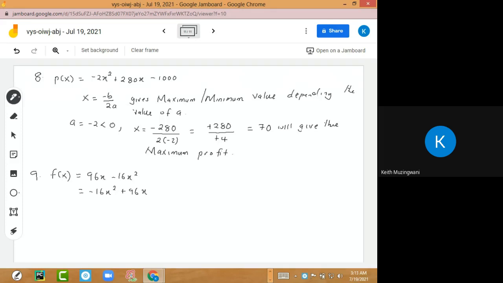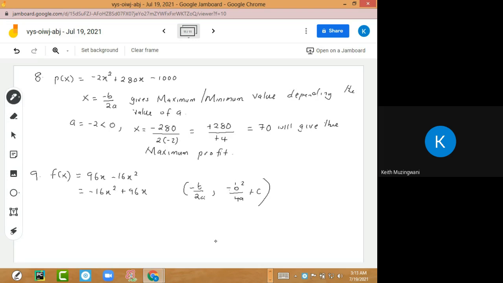So if you have forgotten the formula, it is negative b over 2a, comma, negative b squared over 4a plus c.